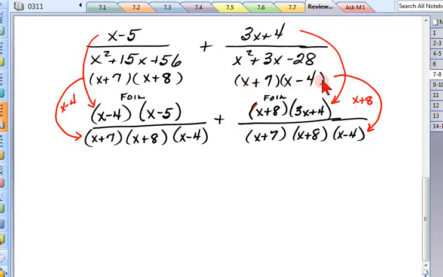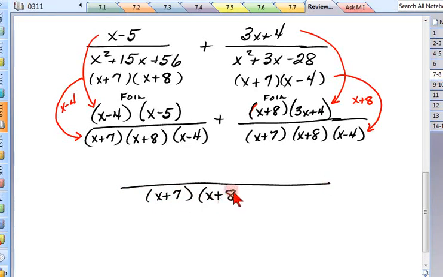I compared old to new. I saw that this was the new factor, multiplied it times the top. All right, one fraction, x plus 7 times x plus 8 times x minus 4.